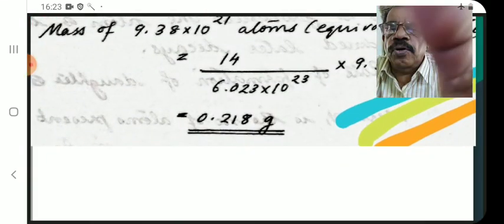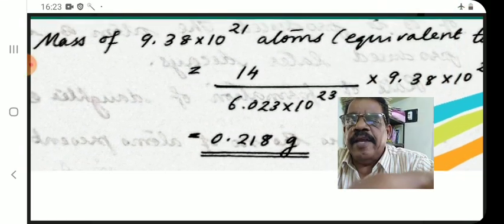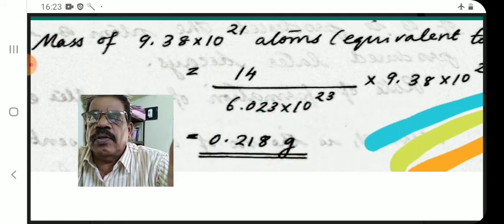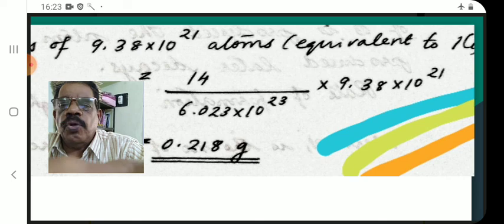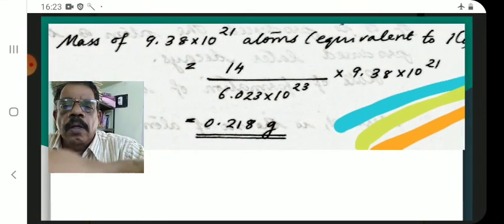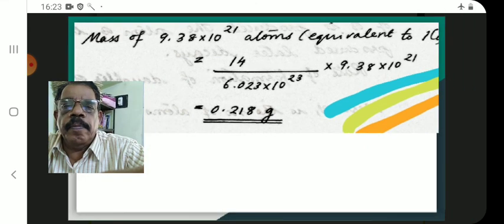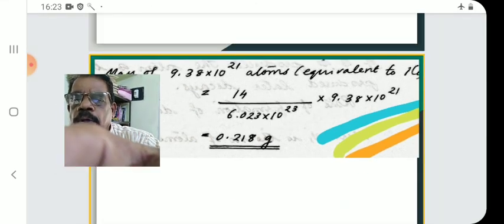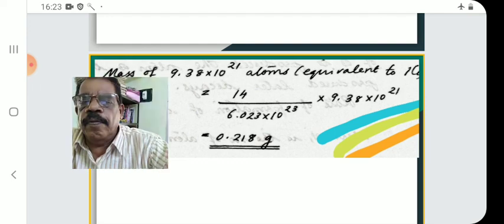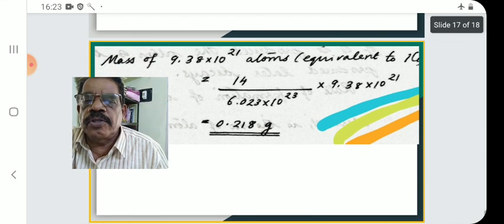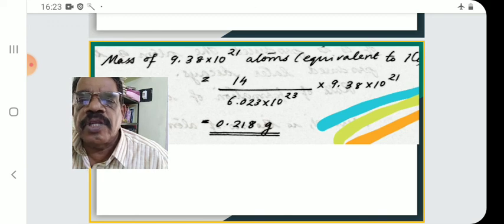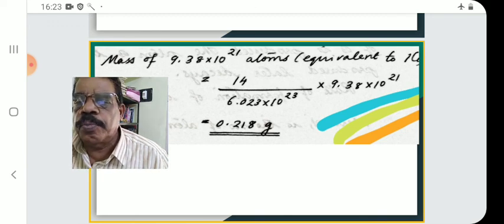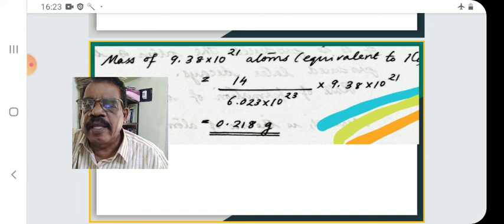Therefore, mass of 9.38 into 10 raised to 21 atoms equivalent to 1 curie is 14 by 6.023 into 10 raised to 23 into 9.38 into 10 raised to 21, equal to 0.218 gram.